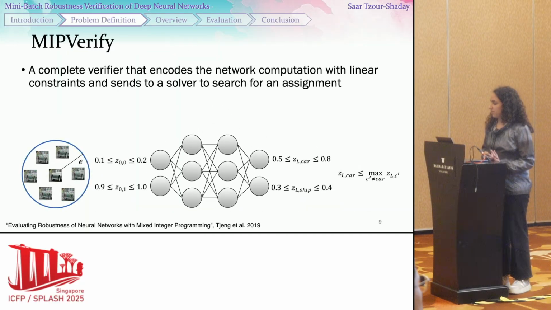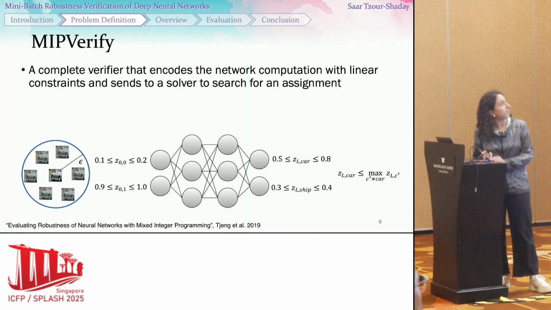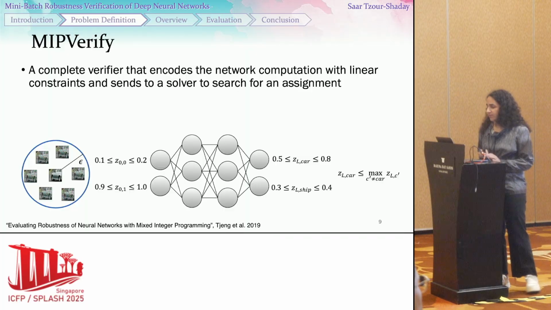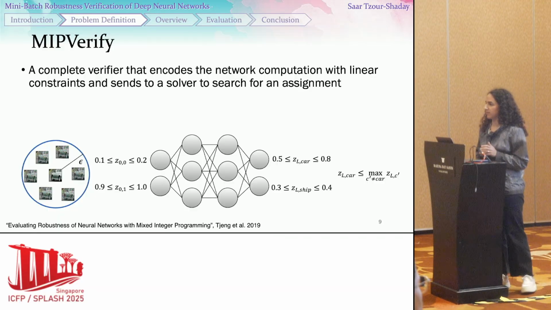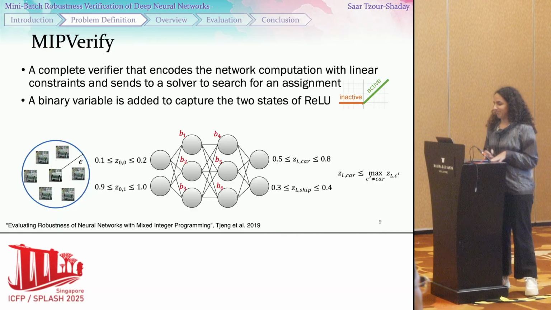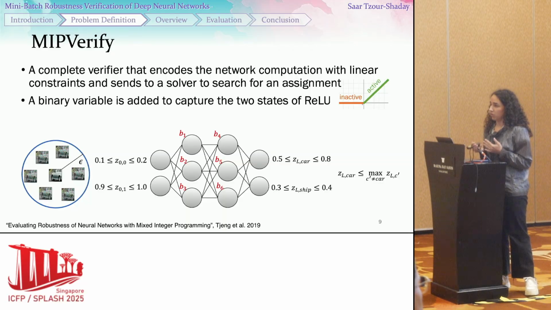A well-known example of such a verifier is MIPVerify, a complete verifier that encodes the network computations with linear variables and constraints, and sends them to an optimization solver to search for a feasible assignment. During this process, for each ReLU neuron that can be both active and inactive, a binary variable is added to capture the two possible states.